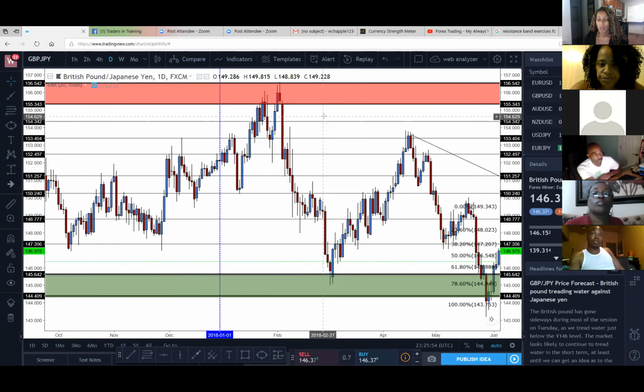Okay, what is an engulfing candle? What's the definition of engulfing? It's supposed to fit, you can fit the previous candle into the engulfing candle. Okay, so the previous candle, that previous candle. Go ahead.